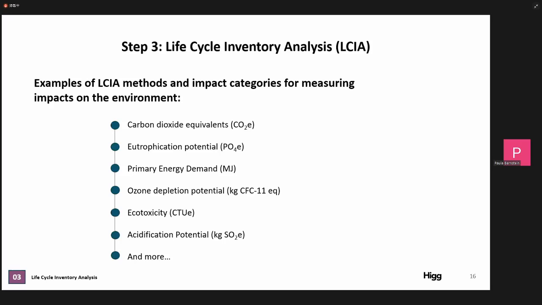So this is all documented in the MSI methodology document that's freely available for anyone to access on the How to Higg website. I think they looked at 18 or so impact methods, and they landed on the ones that we are using now. So just know that there are a lot of others out there, and the ones that we selected were selected for a reason.